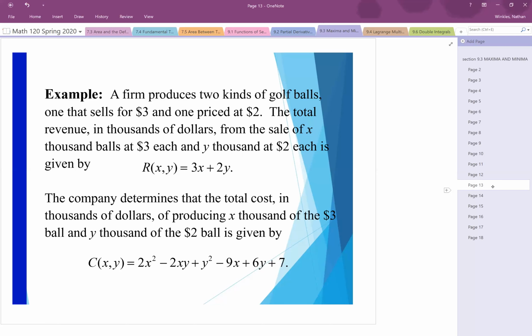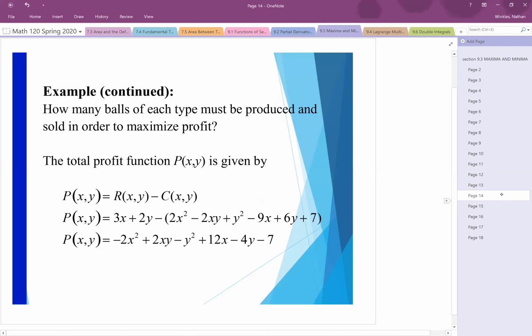So we're going to use the same exact principles. It says how many balls of each type must be produced and sold in order to maximize profit. So the total profit function P(x, y) is given by R(x, y) minus C(x, y). So 3x plus 2y minus the entire quantity of 2x squared minus 2xy plus y squared minus 9x plus 6y plus 7.